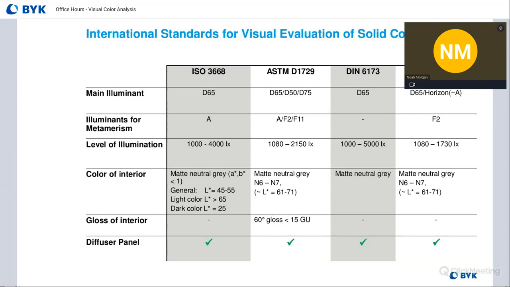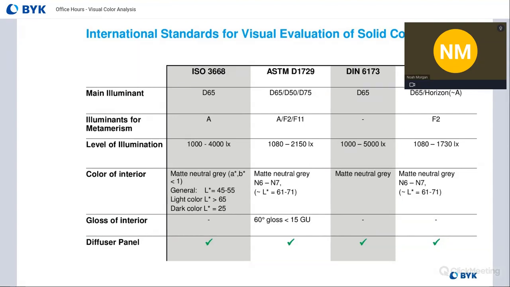So all these are just standards to follow when observing color visually, comparing. And you see across the board, they all use their main illuminant as D65, which is daylight at 6,500 Kelvin. It keeps it consistent across the board.